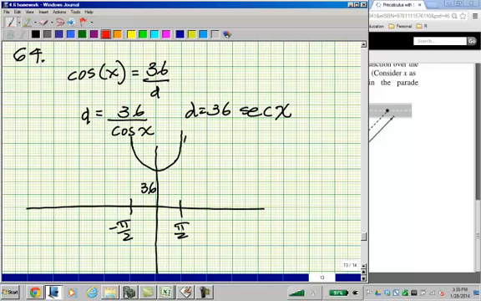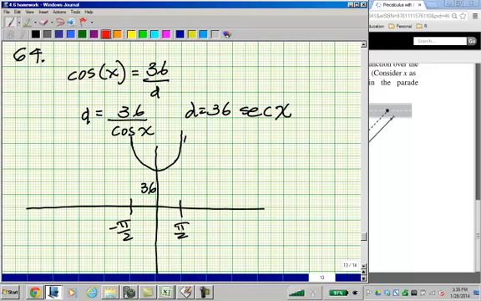So d equals 36 over the cosine of x, or d equals 36 times the secant of x.